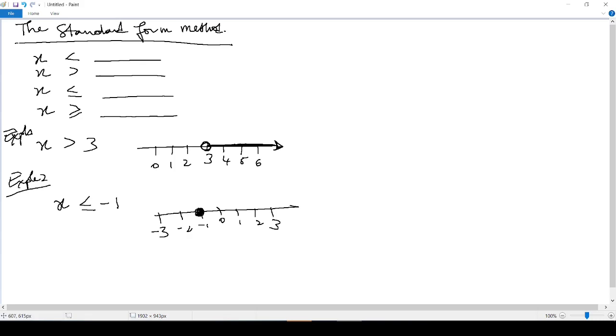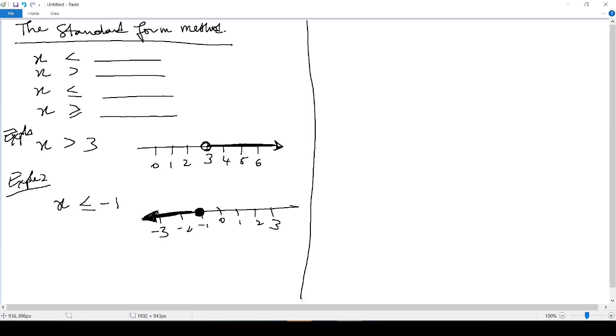And the side that is less than -1 is the left side. So I just draw my arrow pointing this direction to indicate that we have infinitely many solutions. Are we following? If it looks a little bit confusing, you can just replay the video.